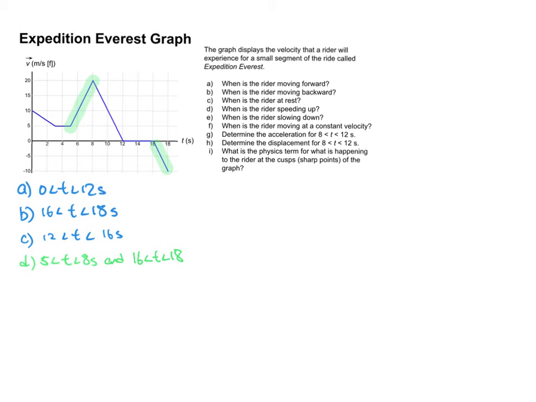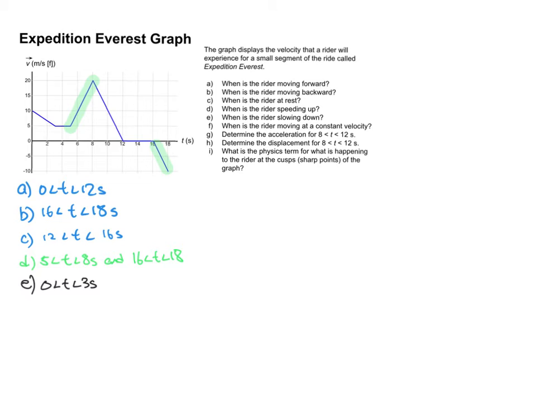Then slowing down. So we'll just switch colors here. Let's go with black. So slowing down, you're looking for the opposite. You're looking for numbers getting smaller in magnitude for the velocity. So the first section I'm identifying is the first 3 seconds.